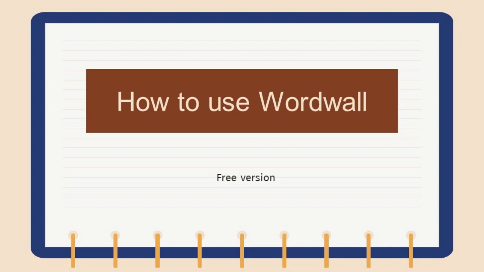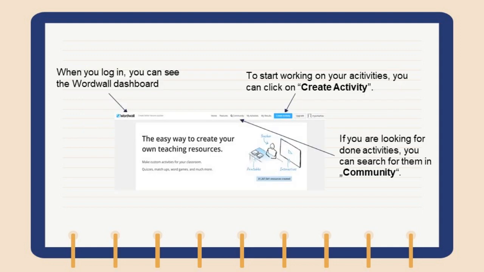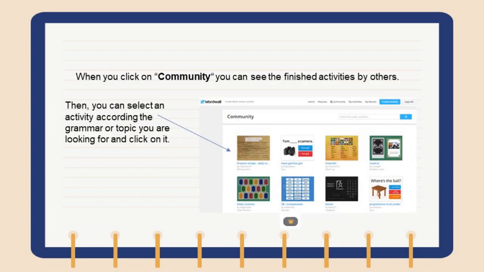How to use Wordwall, the free version. When you log in, you can see the Wordwall dashboard. You can start creating your own activities by clicking on Create Activity. If you are looking for finished activities, you can search for them in Community. When you click on Community, you can see the finished activities by others.